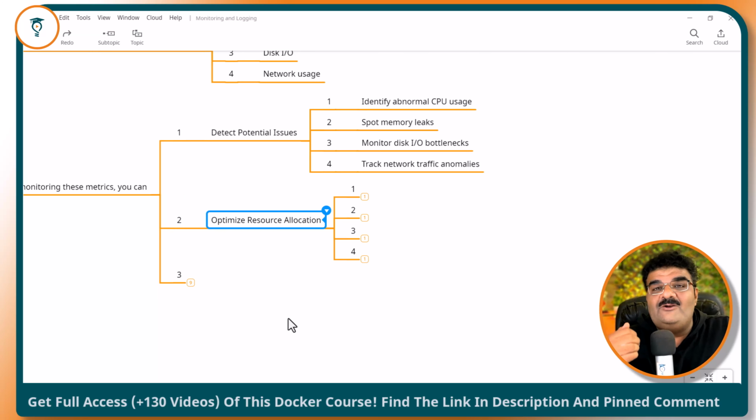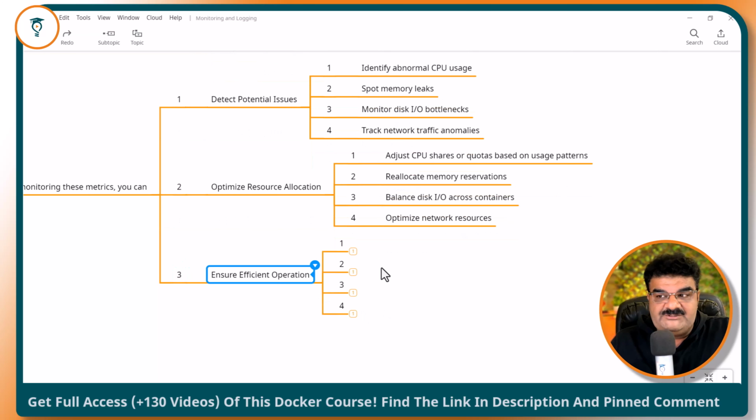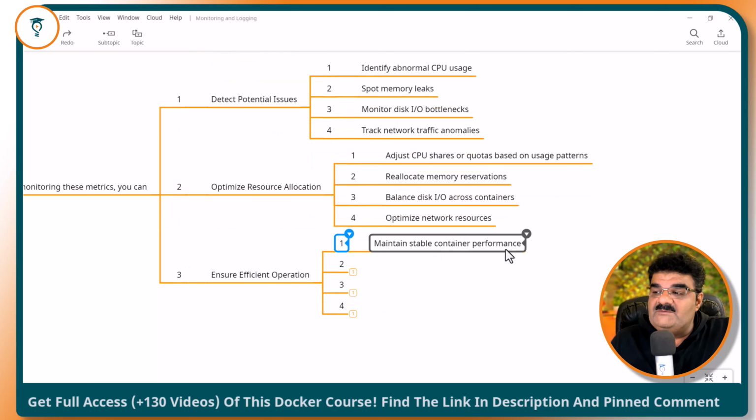This is a fine-tuned process, and it can be done through monitoring. So adjust CPU shares and quotas based on the usage pattern, reallocate memory reservation, balance disk I/O, and optimize the network resources. All this can be done by monitoring them, and then you can optimize each and every resource and ensure efficient operation.